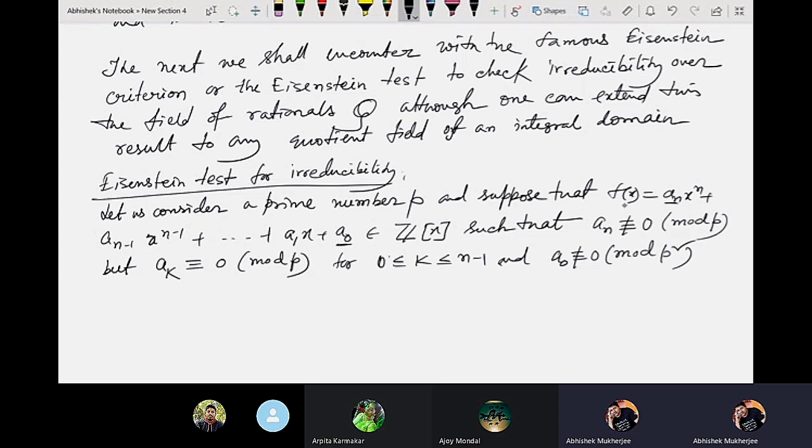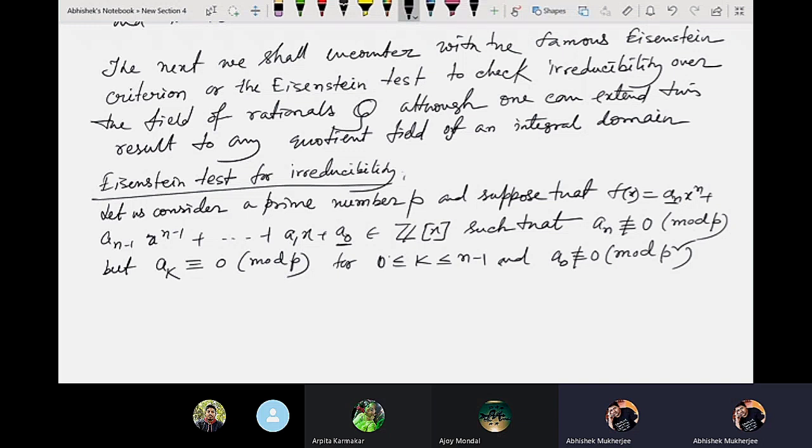So we are considering a polynomial a_n x to the power n plus a_{n-1} x to the power n minus 1 plus dot dot dot plus a_1 x plus a_0 over the domain of integers, which satisfies the conditions, that is a_n is not congruent to 0 mod p, that is p will not divide a_n, but p will divide all other coefficients, that is p will divide a_{n-1}, a_{n-2}, a_{n-3}, and so on. p will divide a_1, p will divide a_0.